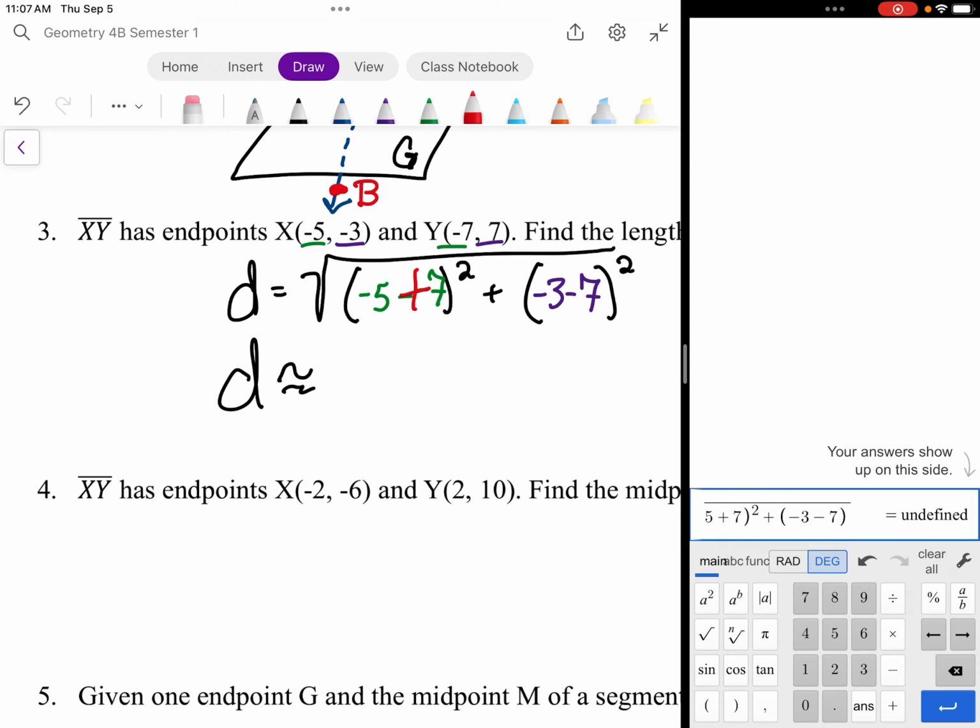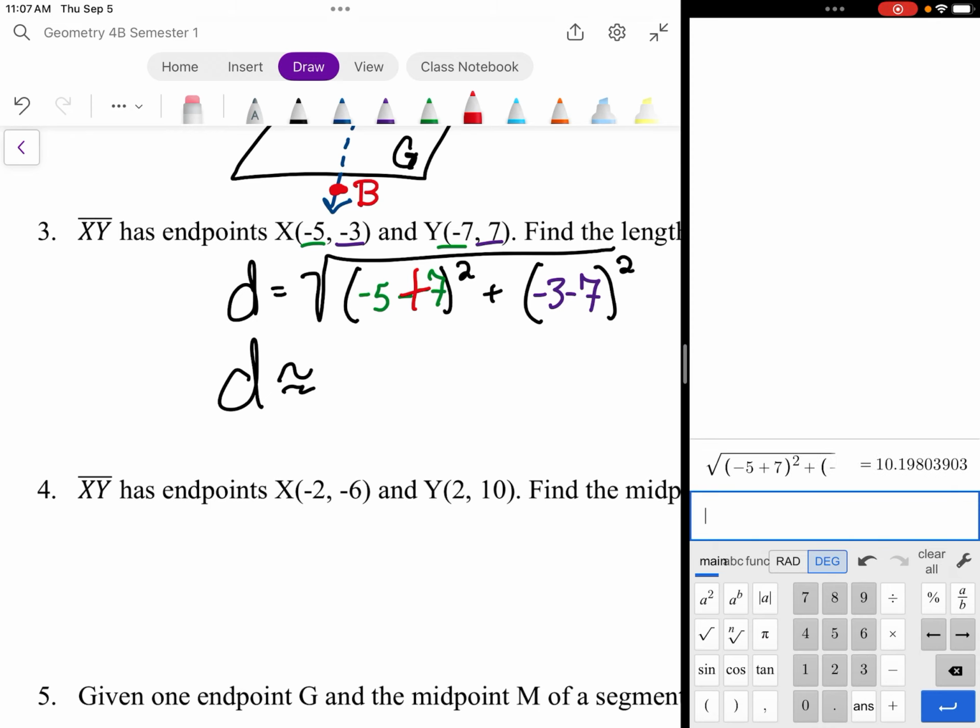Oh, that's not the squared button, sorry. There we go. So on your calculator, you should get 10.19803. In the directions, they said to the nearest tenth, so that's just 1 decimal point, making this about 10.2 for our answer.